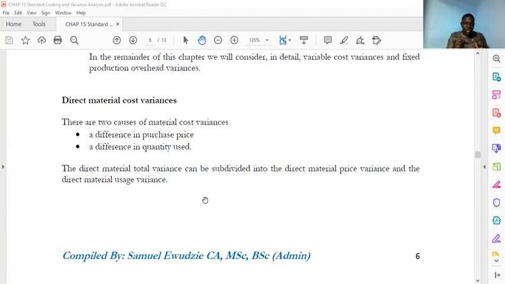So a material cost variance may be caused by either a change in price or a change in the quantity used. The direct material total variance can be subdivided into the direct material price variance and direct material usage variance.